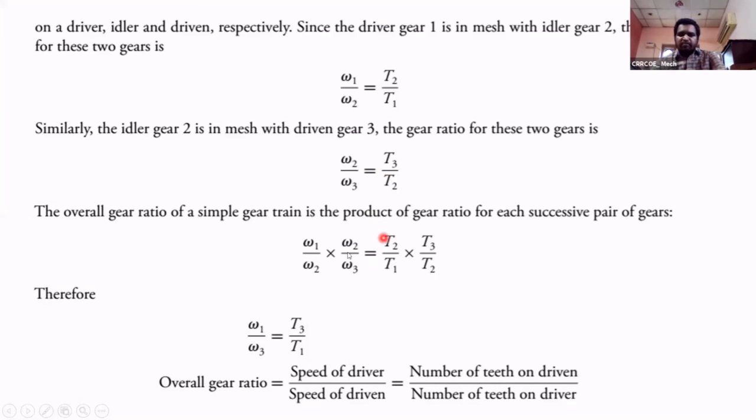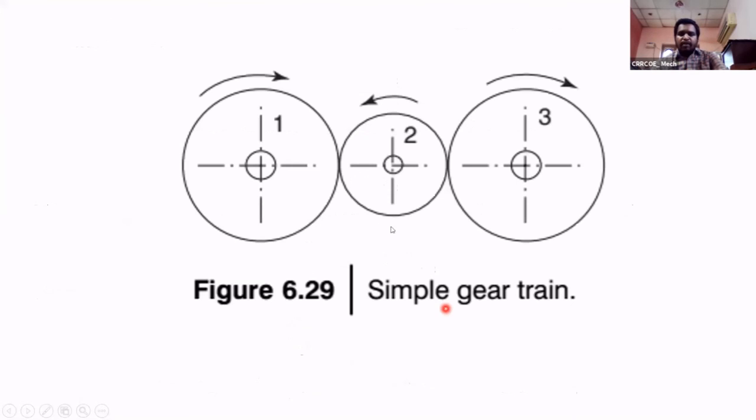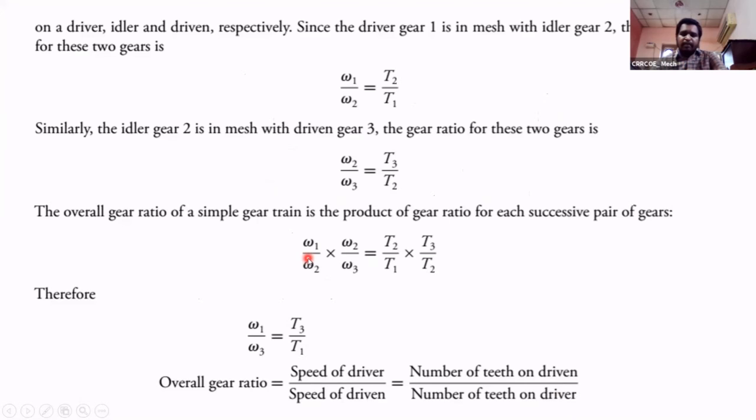The combination of these two gives omega 1 by omega 3 is equal to T3 by T1. Overall gear ratio is equal to speed of the driver by speed of the driven, which is the number of teeth on the driven by the number of teeth on the driver. Here the third gear is the driven and the first is the driver, so the overall gear ratio is teeth of the driven by teeth of the driver.